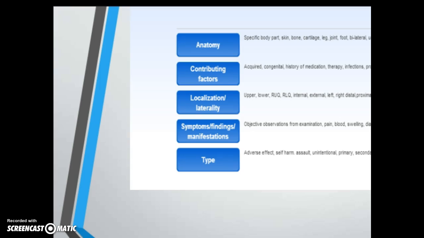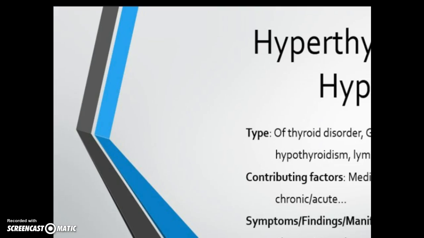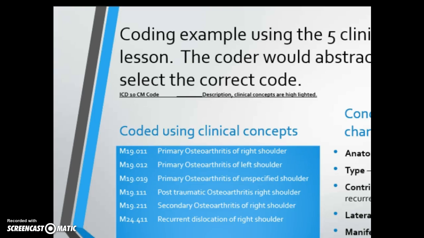Another question. Body part. Oh, looks like it's the same one. So we'll go on to the next. Oh, already hyperthyroidism. Okay. Clinical concepts. Here, an example of 5 clinical concepts. The coder would abstract the information and select the code.